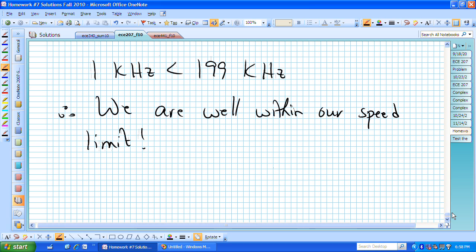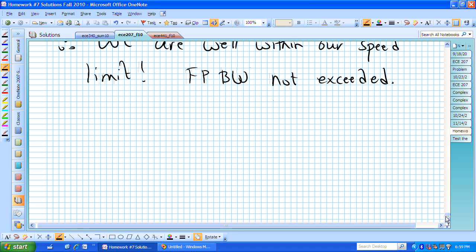Our speed limit said you can amplify without any loss up to 199 kilohertz. We're just now asking for a 1 kilohertz signal, so we're well within that, and our full power bandwidth is not exceeded. That's half of the picture.